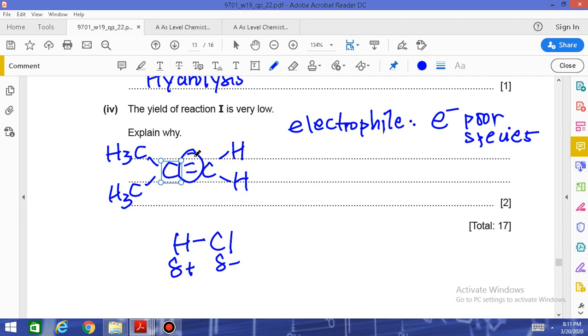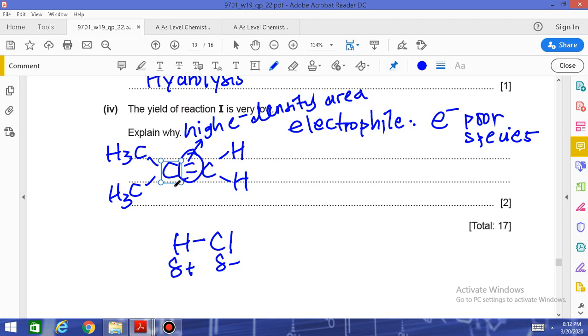We can say it's a high electron density area, or electron rich species, or nucleophile. Remember, the nucleophile or electron rich species donates an electron pair to the electron poor species. In this case, the electron poor species is hydrogen that carries a partial positive charge.